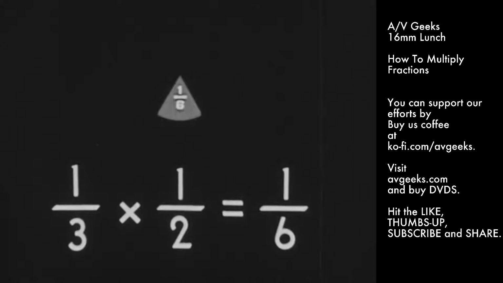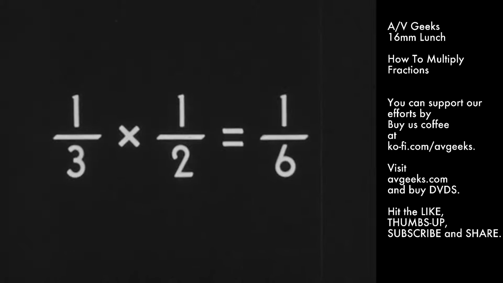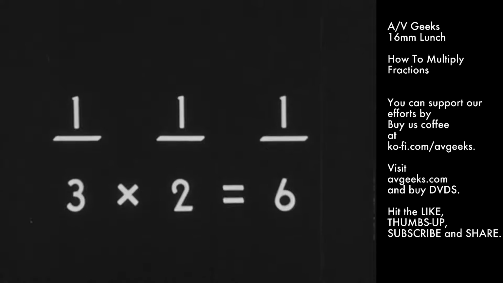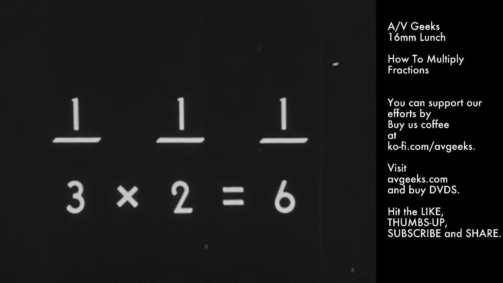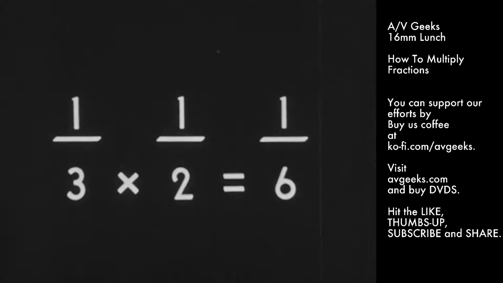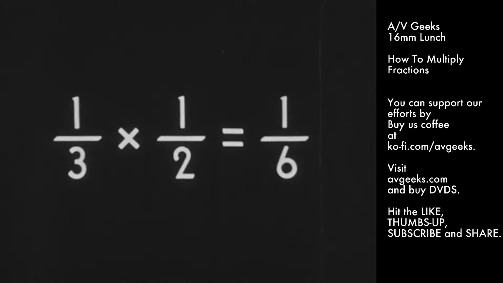By cutting up discs, we just saw that 1/3 times 1/2 equals 1/6. We can see that we will have the denominator of the answer if we multiply the denominators of the two fractions in our problem together. 3 times 2 equals 6. We know that 1 times 1 equals 1.